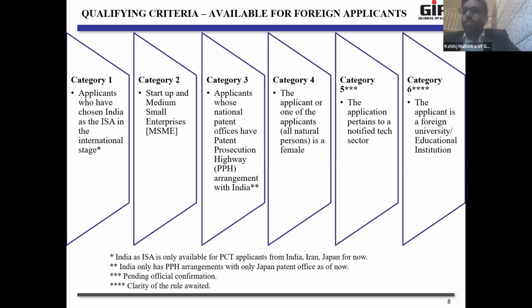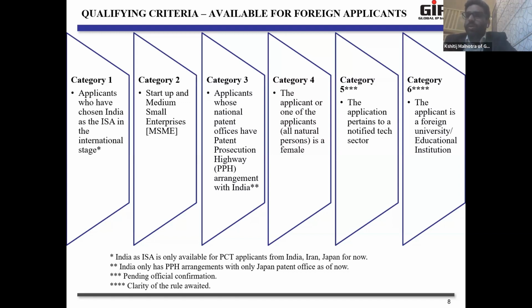Okay, so I will move on to slide number 8, and this is very important. This is the slide where we can understand the qualifying criteria for foreign applicants for expediting examination. The system is not open to all.